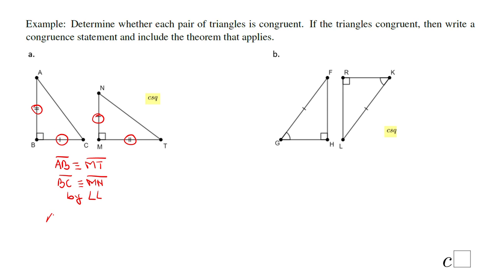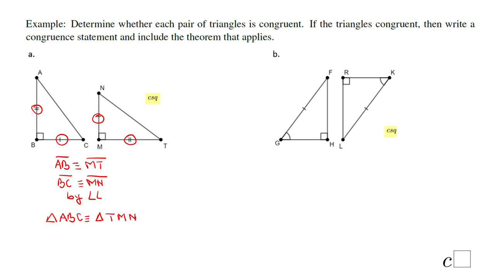Triangle ABC congruent to what? Triangle, now we have to be very careful to match the letters. A goes with T, B goes with M, obviously that's the easy part, and C goes with N. Okay, so this is part A.